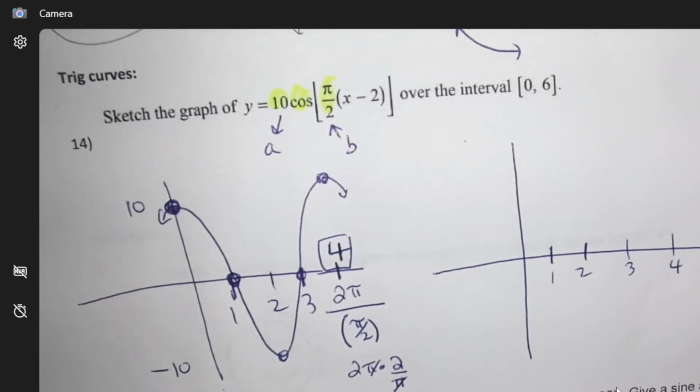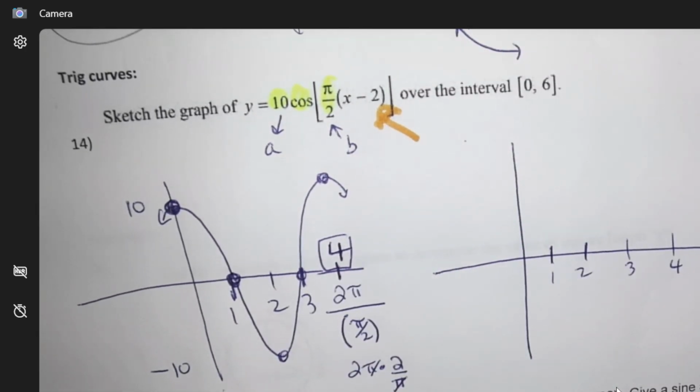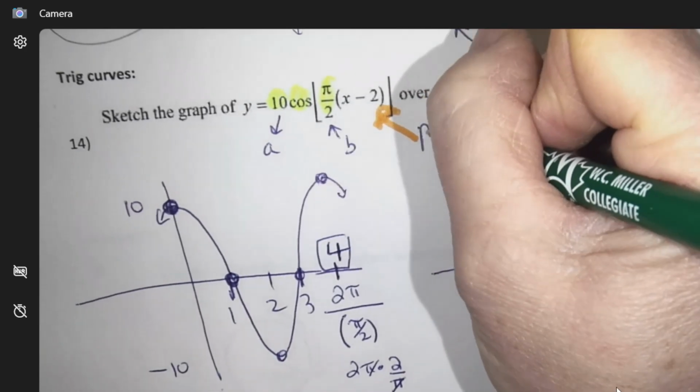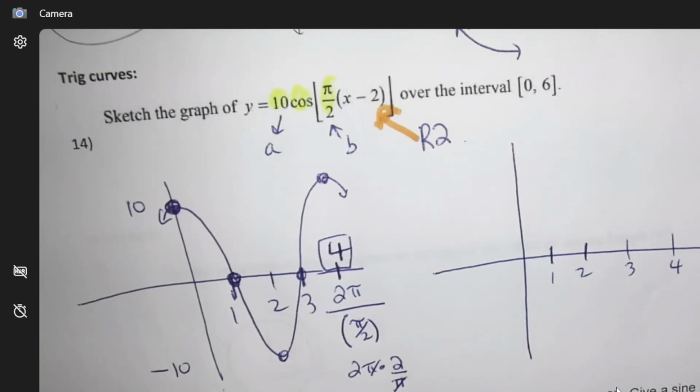Okay, now I got one more thing. I have to do C's or D's, and I have a C. What should I do with that C? I need to move right 2. So I'm going to take my original 0, 10.